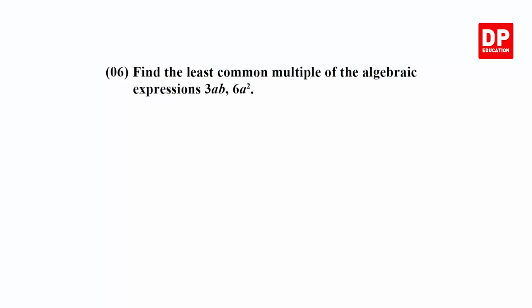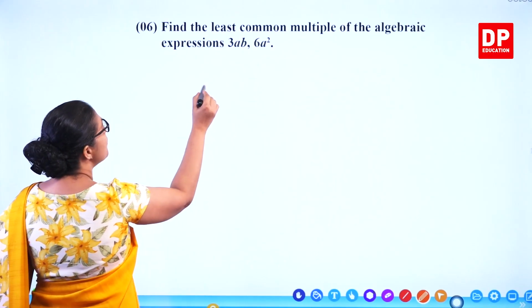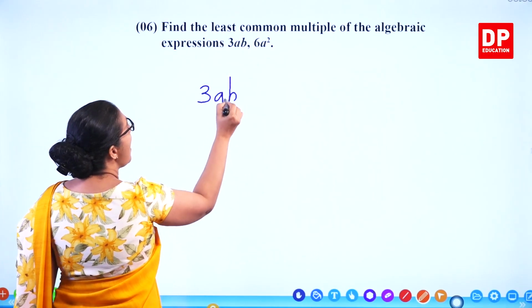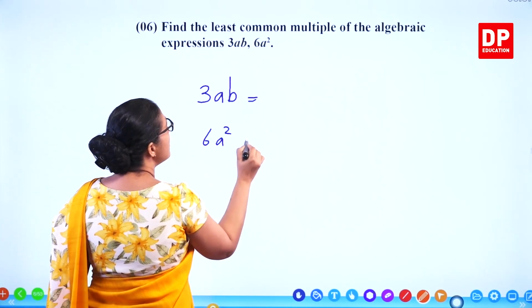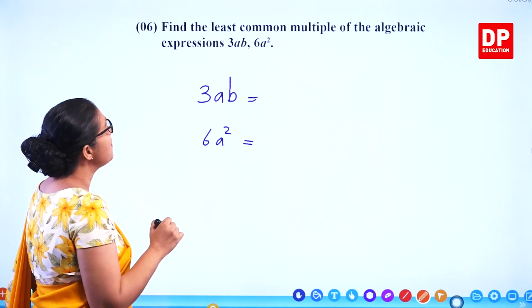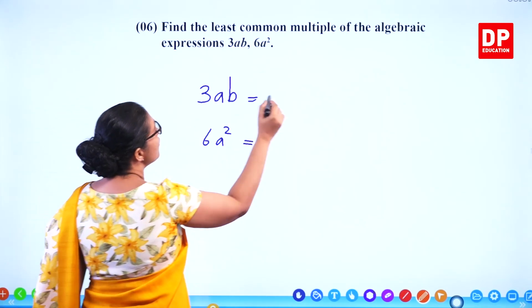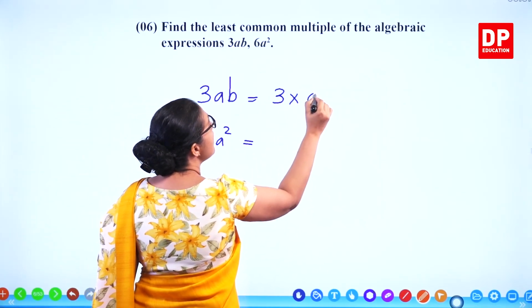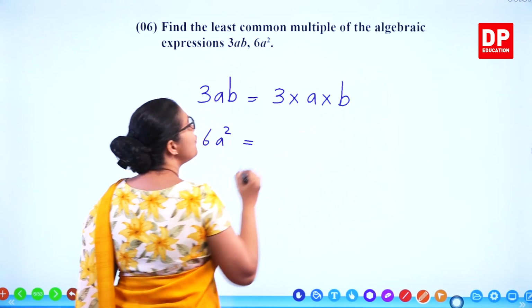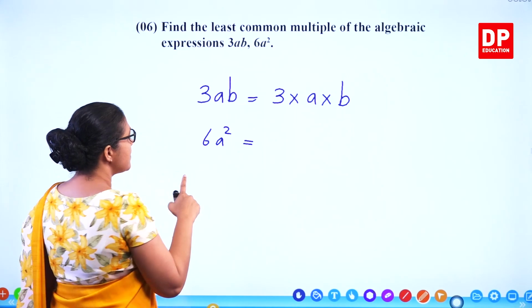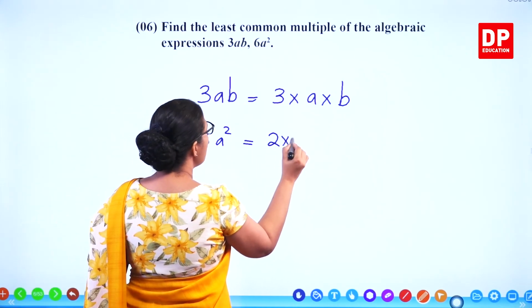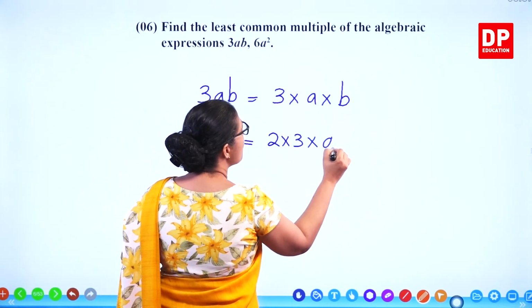Question number 6. Find the least common multiple of the algebraic expressions 3ab and 6a squared. So how do you find the lowest common multiple? Here you can write 3 and a and b. Those are the factors of 3ab. What are the factors of 6a squared? 6 is 2 times 3, and a squared.